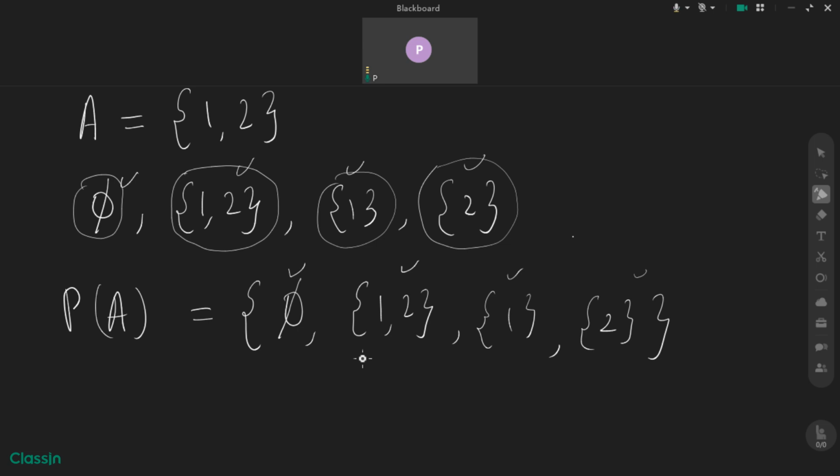And we'll see a second thing. In A, we have 2 elements. In the power set of A, we have 4 elements. Now, if we take 2 squared, it is equal to 4.